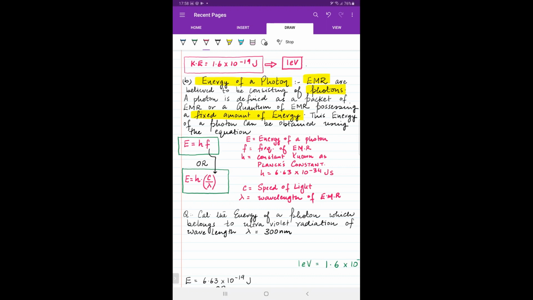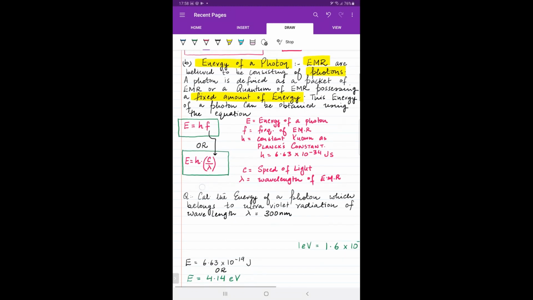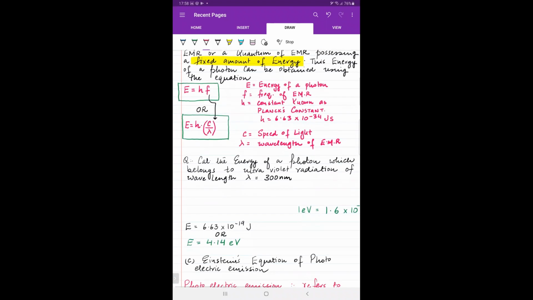Now, based on this formula, if I were to ask you how much is going to be the energy of a photon which belongs to, let's suppose, ultraviolet light, whose wavelength is given to us as, let's say, 300 nanometers.